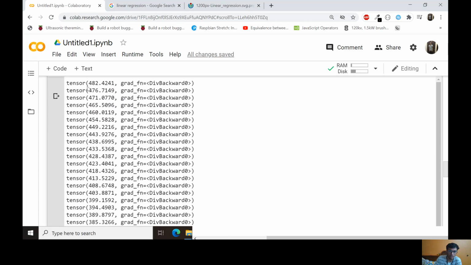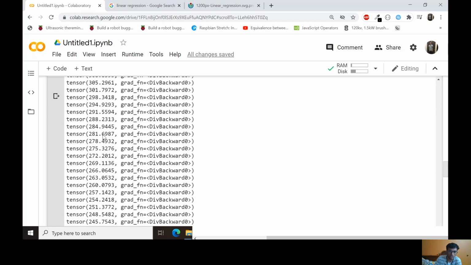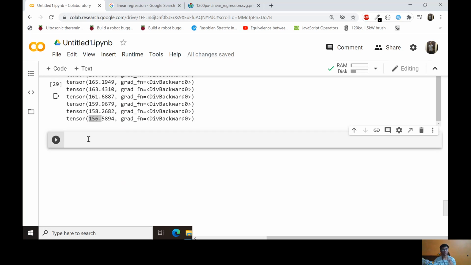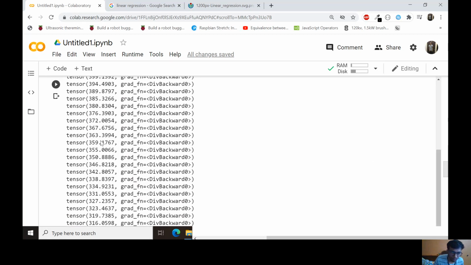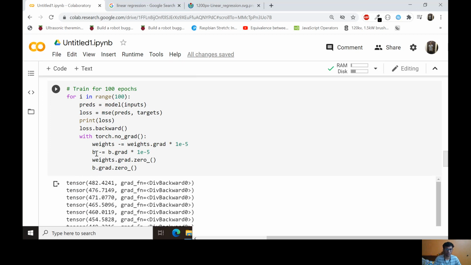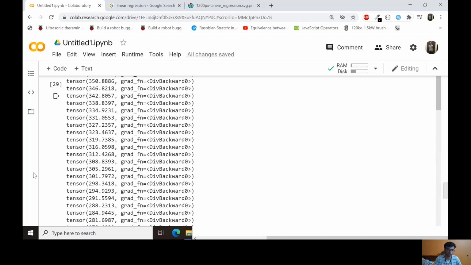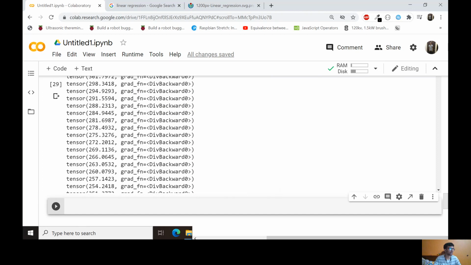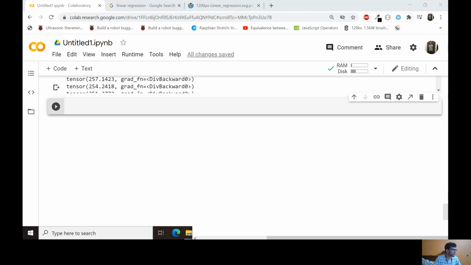It started with 482, and the loss was continuously decreasing till we got it around 156. So now our loss is minimal. And if we look at our predictions, which initially were negative, we can see that we have something more valuable.